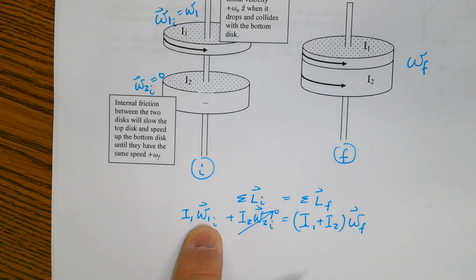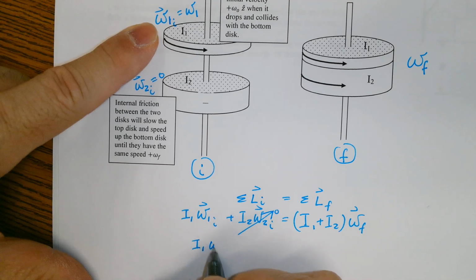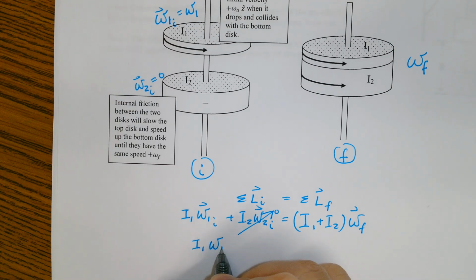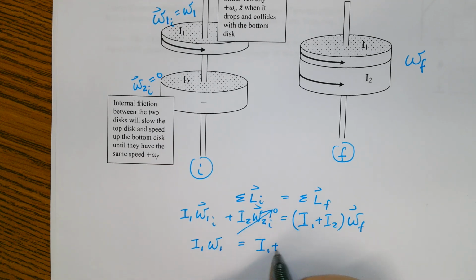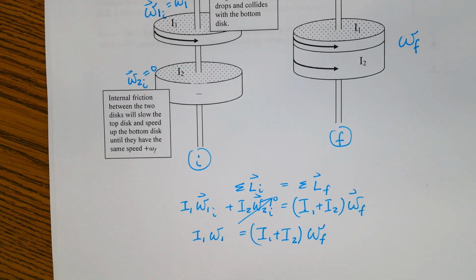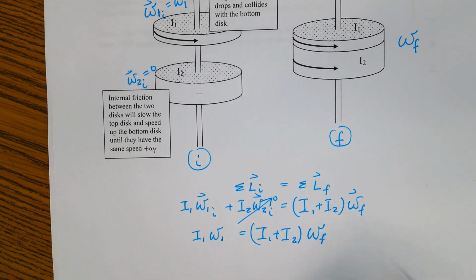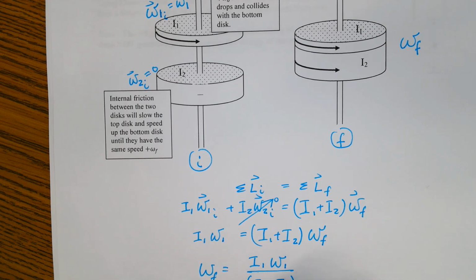And omega initial 1 is just omega 1. So I1 omega 1, right, is equal to I1 plus I2 omega final. Right? So here, my omega final is equal to I1 omega 1 over I1 plus I2.